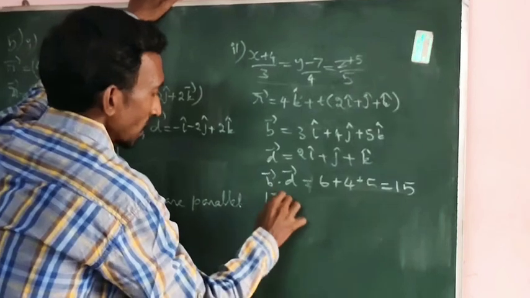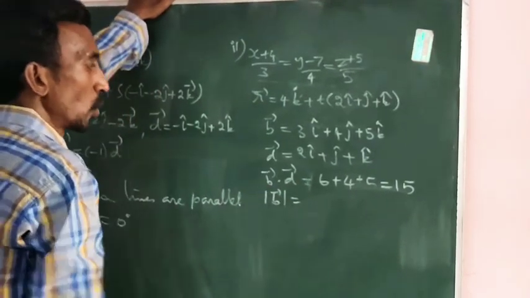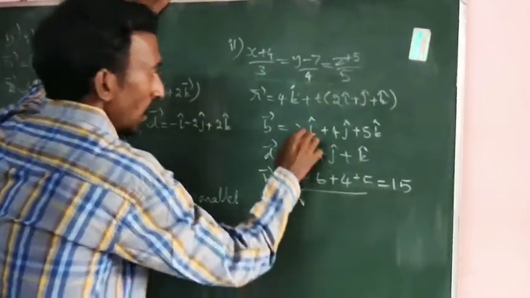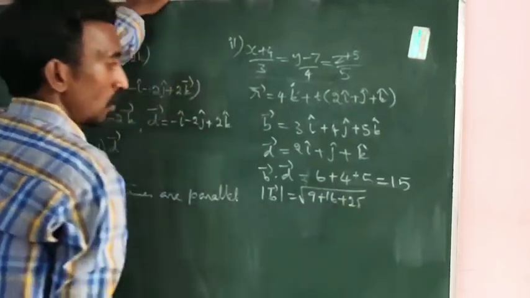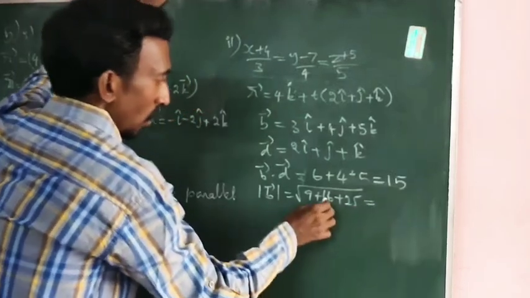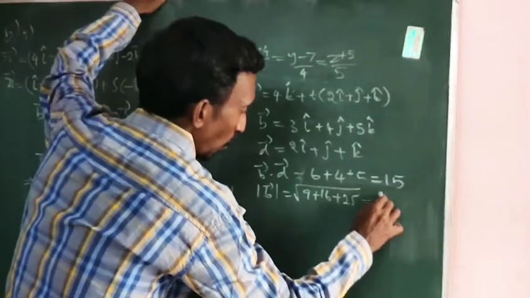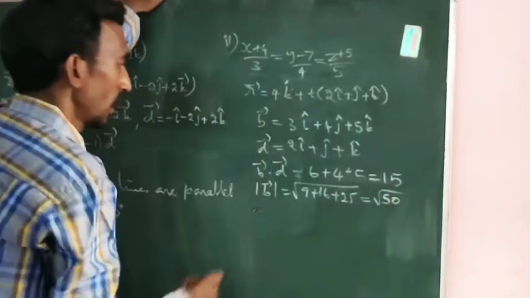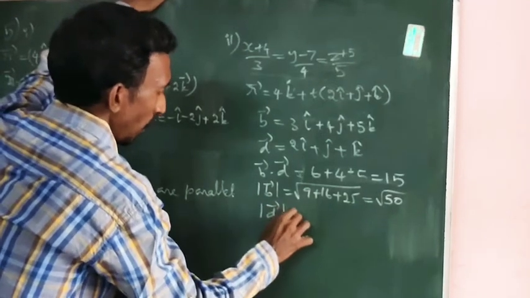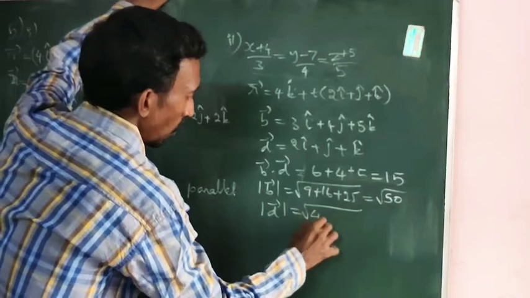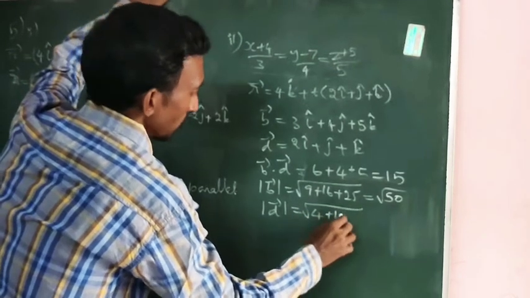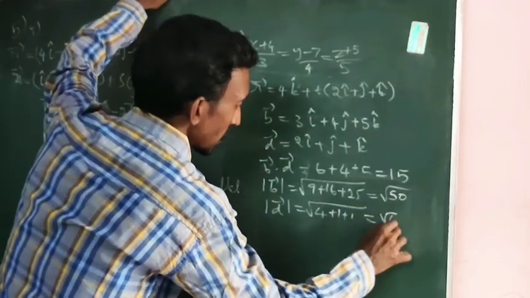Now find out the modulus of b vector. Root of 9 plus 16 plus 25, that is 25 plus 25, root 50. Similarly, find out the magnitude of d vector: root of 4 plus 1 plus 1, root 6.